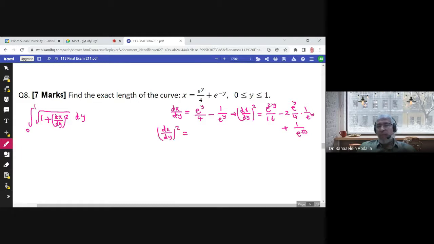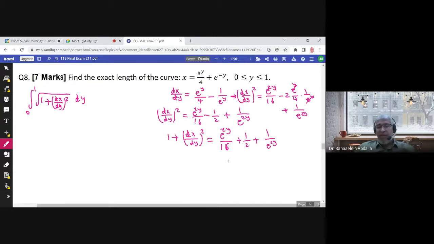It would be e to the power 2y over 16. e^y cancels with e^y. 2 over 4 is half, plus 1 over e to the power 2y. And now if I add 1 to this, I'll have e to the power 2y over 16, and 1 minus half would be positive half.